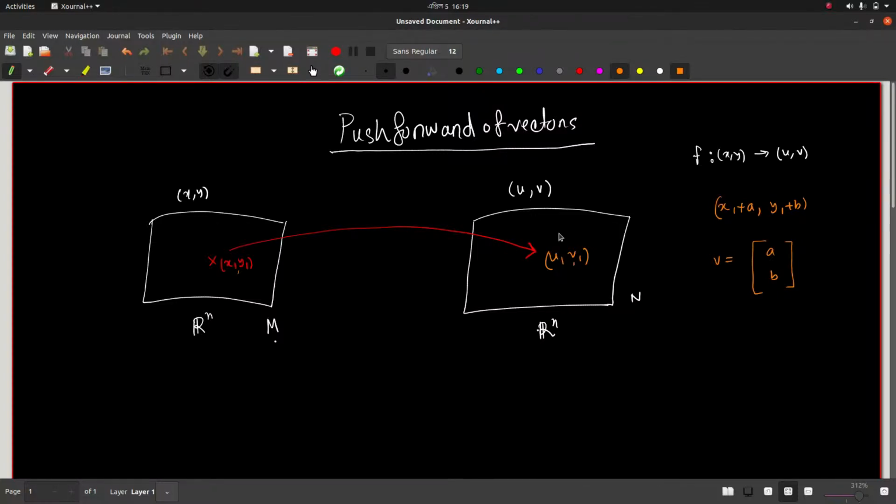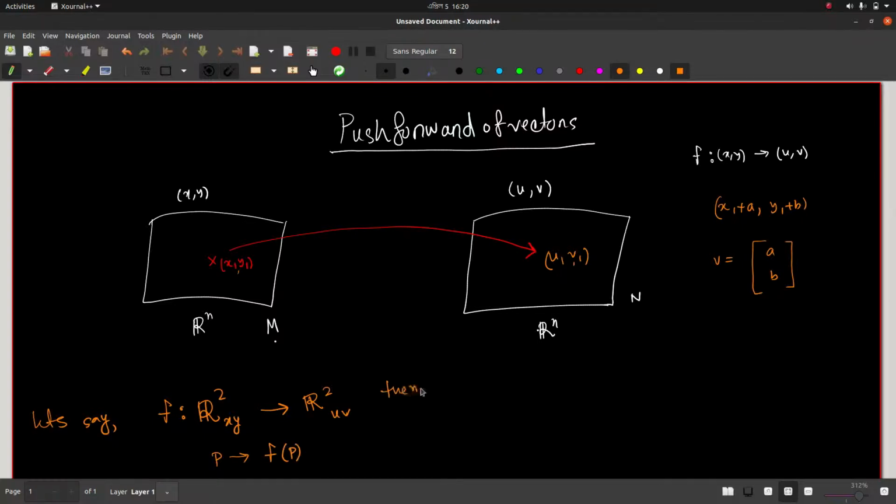So now let's define the push forward of vectors formally. Let's say we have some function that takes points from the xy manifold, which is a two-dimensional manifold, to some other manifold, which is also a two-dimensional manifold, and each point gets mapped with this function.